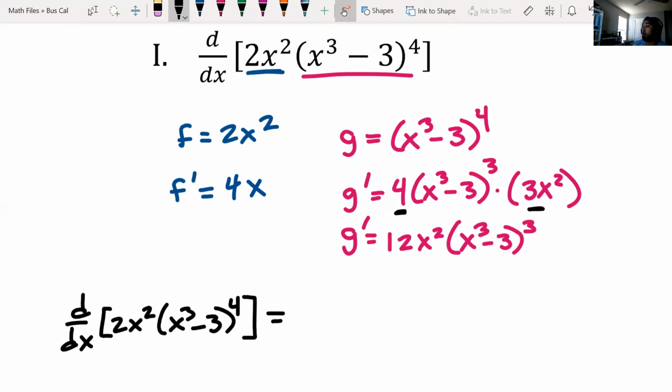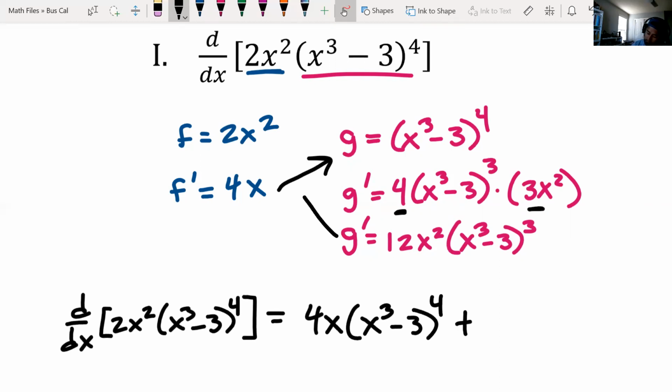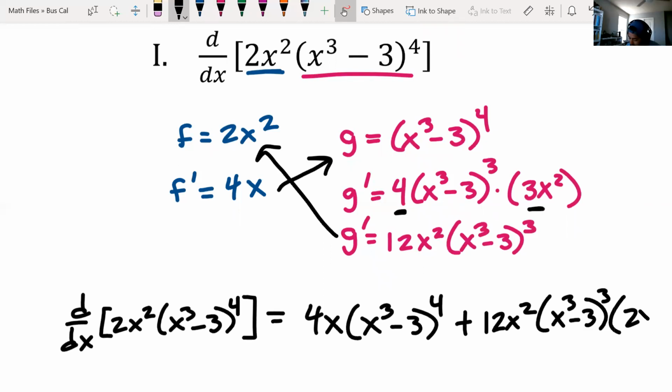And now let's follow our product rule. f prime g, 4x times x cubed minus 3 to the fourth, plus g prime f, 12x squared times x cubed minus 3 to the third times 2x squared.